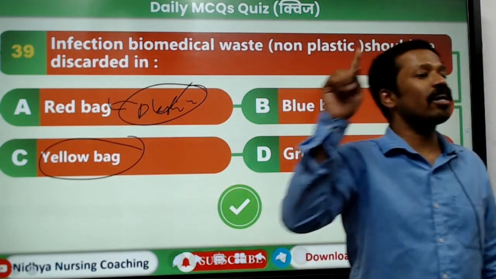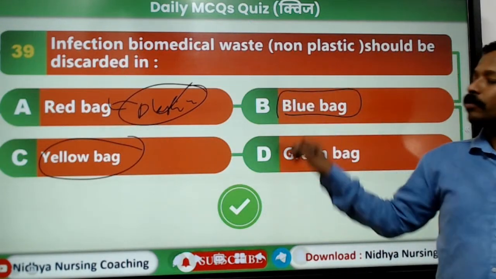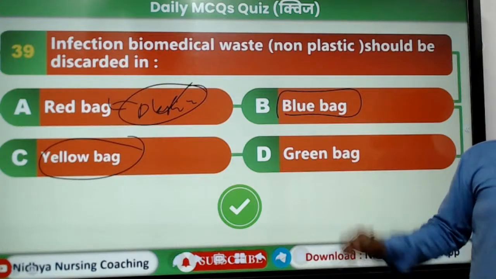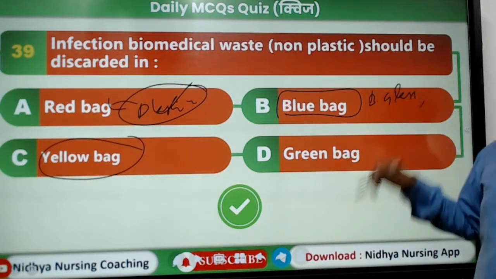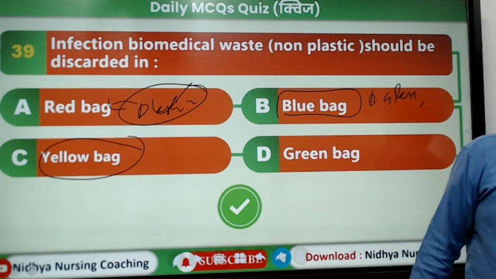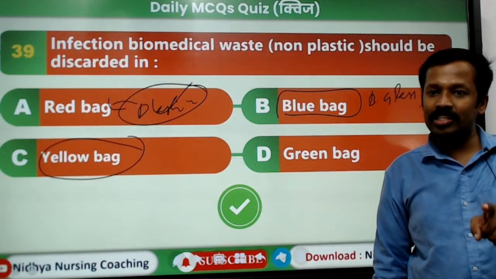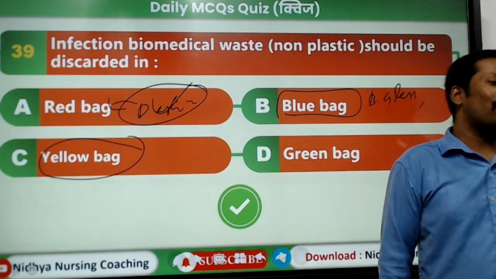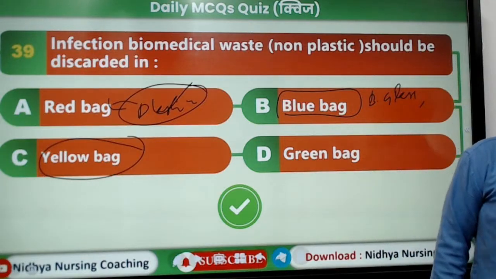Infected plastic comes under red. Blue bag: broken glasses, glass pieces, ampules, antibiotic vials, cut glasses, everything. So then next one, green.